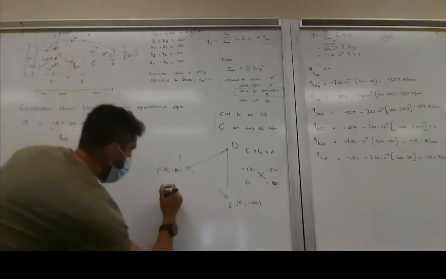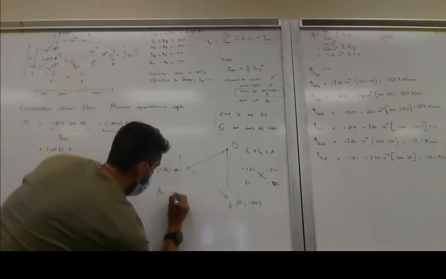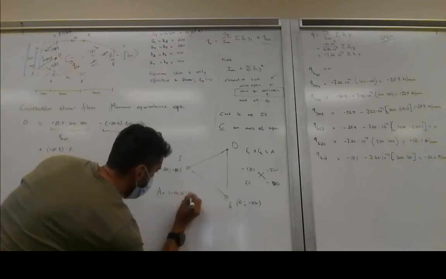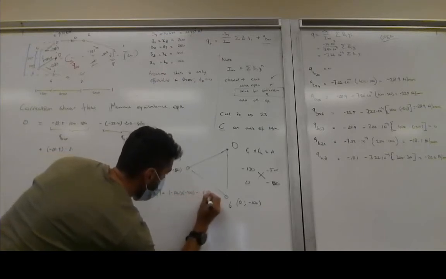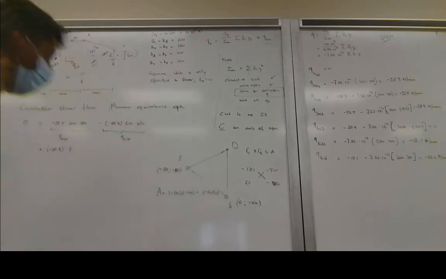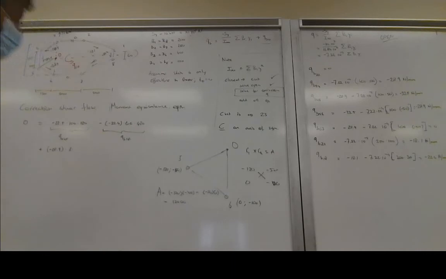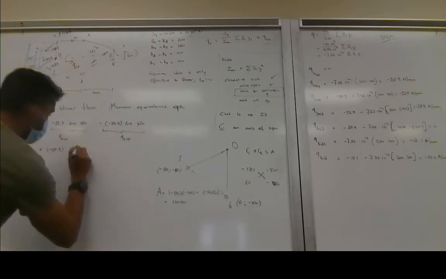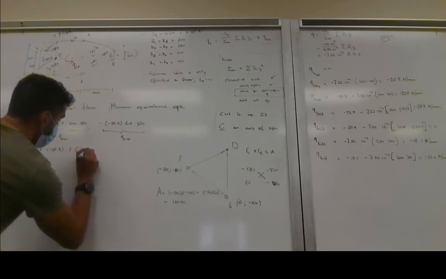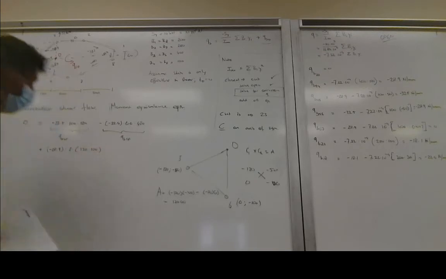So in this case, the area is negative 120 multiplied by negative 100 minus negative 50 multiplied by 0. So the area is 12,000 in this case. So we add 2 times, and the enclosed area was 120 multiplied by 100, and we take out the negative signs. Okay?